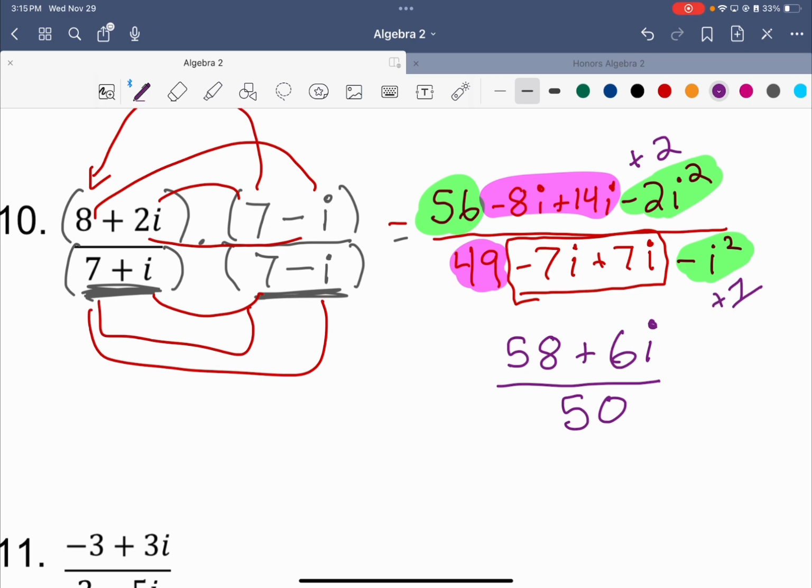Negative 7i plus 7i, that goes away. That's your solution. There's not an i in the denominator anymore. And again, what we did was we took negative 7, the opposite. We changed the sign, left the real number alone, changed the symbol, left the imaginary part alone.